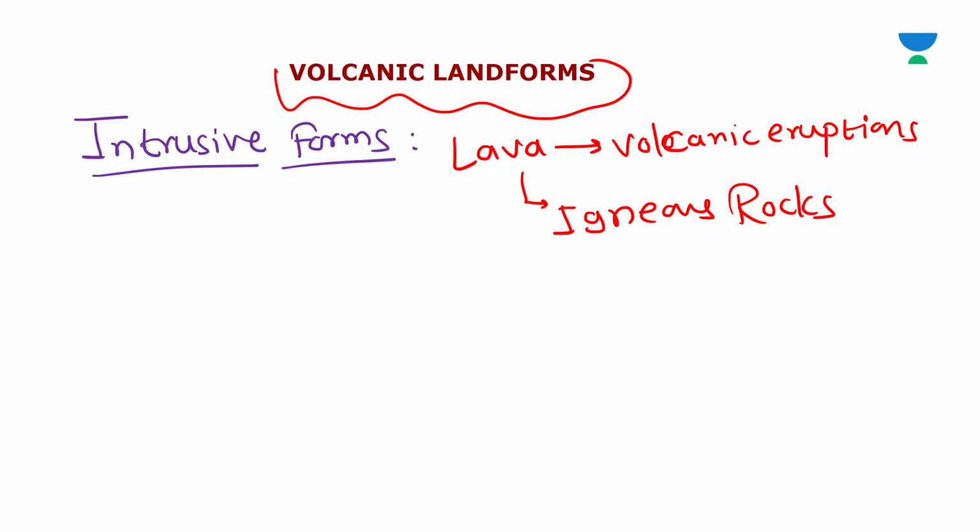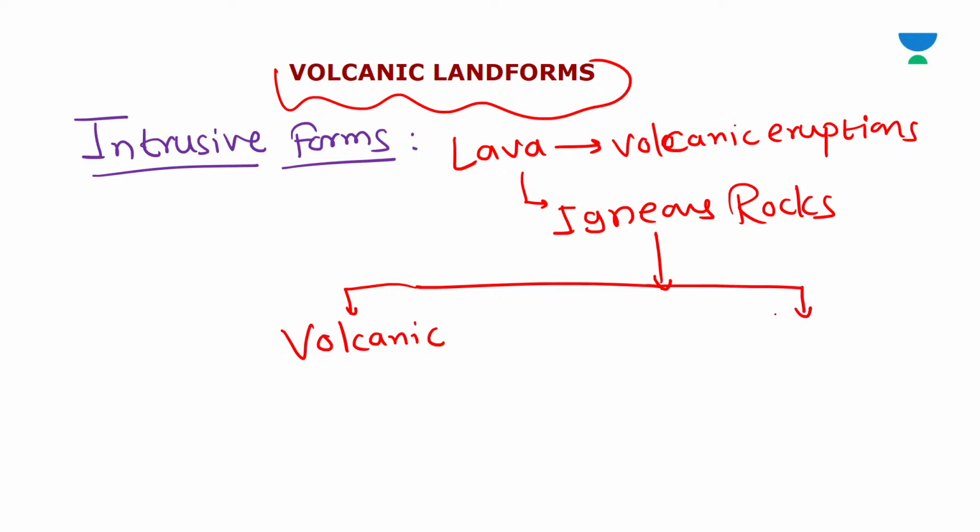Now, depending on the location of the cooling of the lava, igneous rocks are classified as volcanic rocks, that cool at the surface, whereas another type is plutonic rocks, cooling in the crust.